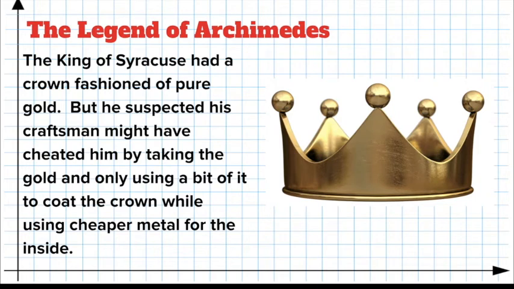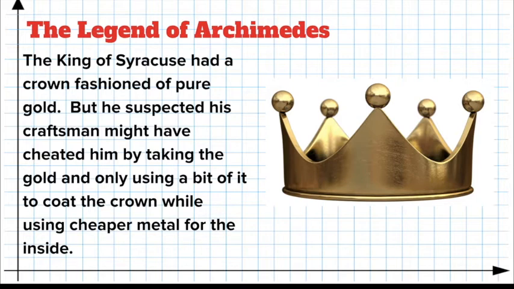Archimedes' principle comes from some things we sort of know and some things that are probably just legend. The king of Syracuse, and Archimedes was his royal scientist, had a crown fashioned of pure gold, or at least he gave his craftsmen pure gold and asked for a crown to be fashioned.